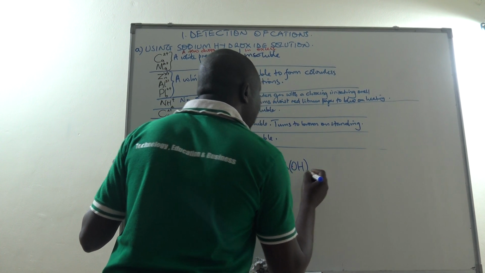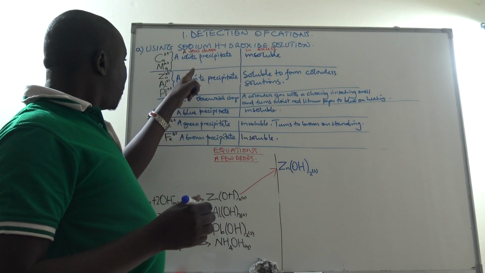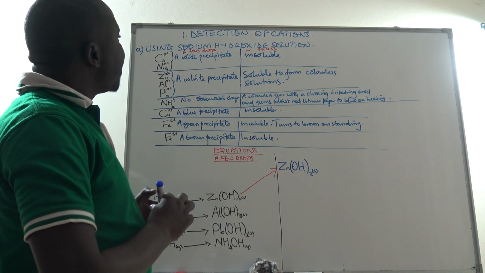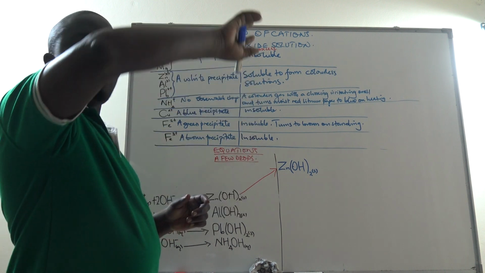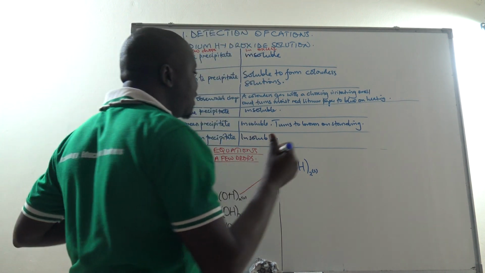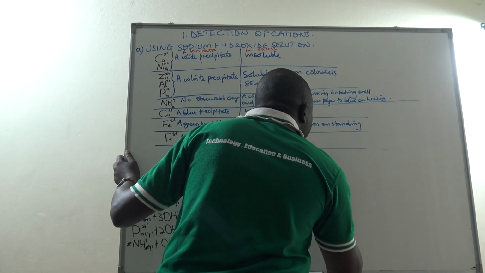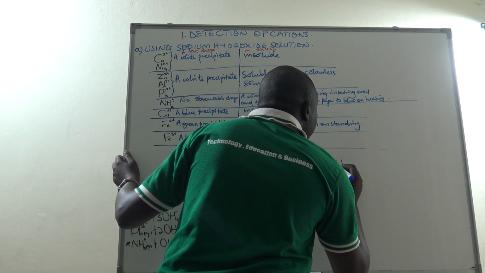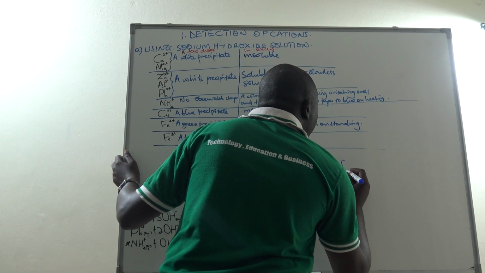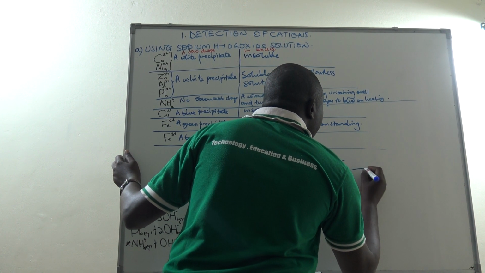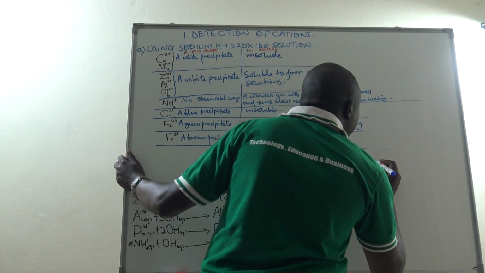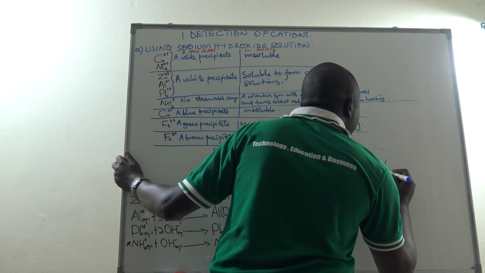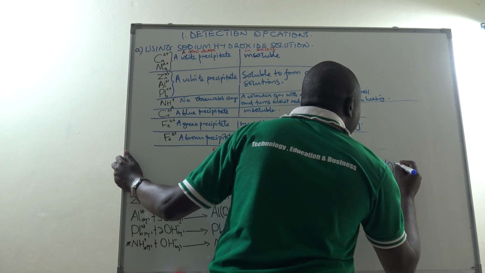Since it is formed when we add just a few drops of sodium hydroxide solution, when we continue adding the sodium hydroxide, we add now in excess. It dissolves by combining with the excess hydroxide ion of sodium hydroxide, to form a colorless solution which contains a complex ion, which is called, let me first write the formula down.